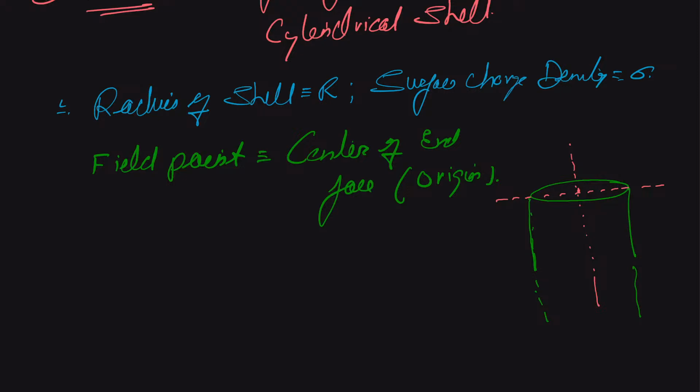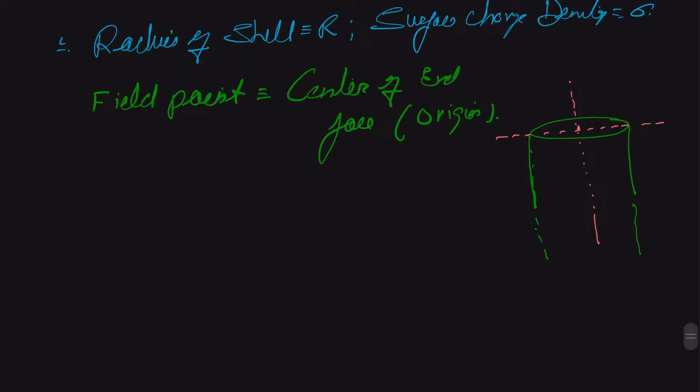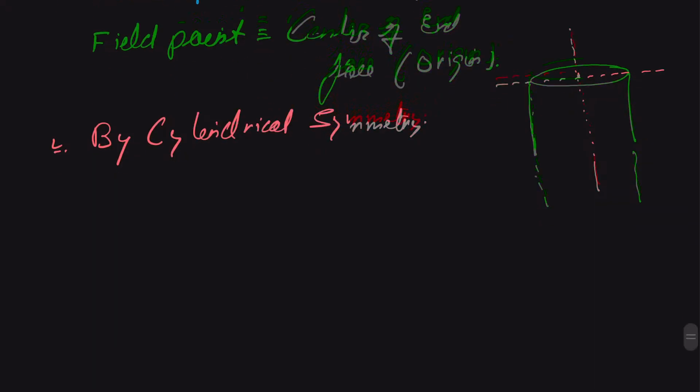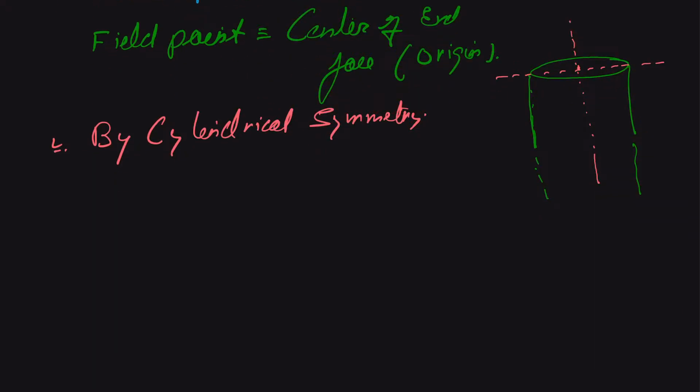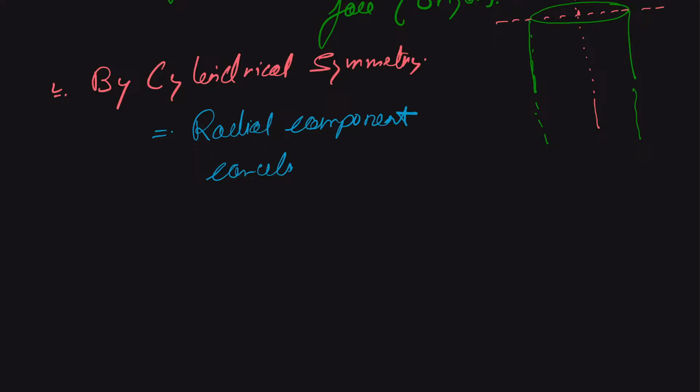And so because this cylinder is symmetrical with respect to the axis, by cylindrical symmetry, we can write that the radial component is going to cancel out, and only the axial component will be left.